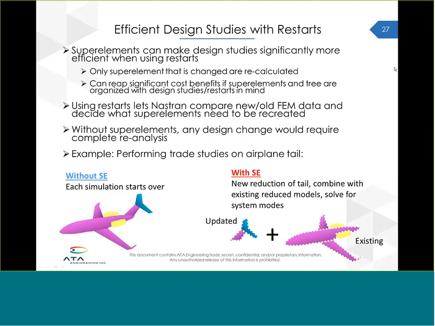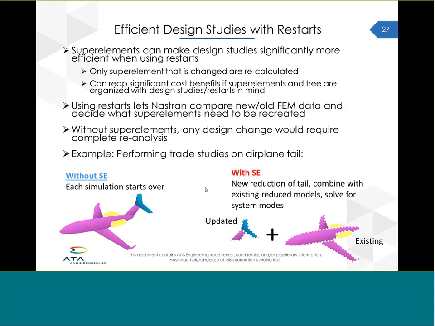So trade studies, with either part or main bulk superelements. Again, those are just the way that the user interacts with it. This trade studies with restart, this is valid across main bulk or part superelements. But they can make design studies much more efficient. So the idea is if you have this model of the airplane and you are running trade studies on, let's just say, some spring stiffness on a control surface, for example.